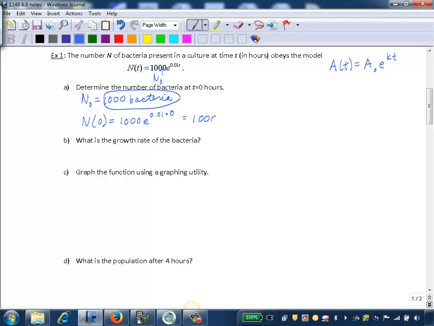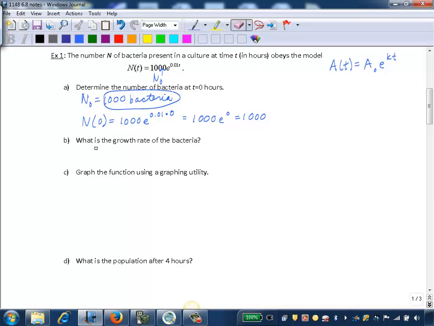So that would give us 1000 times e to the 0, and we know that anything to the 0 power is just 1, so this would just give us 1000 times 1, which is 1000. But you don't have to plug this in. You can just always know that the number that's being multiplied by the e in that exponential law, in this case it's 1000, that's going to be your original amount.